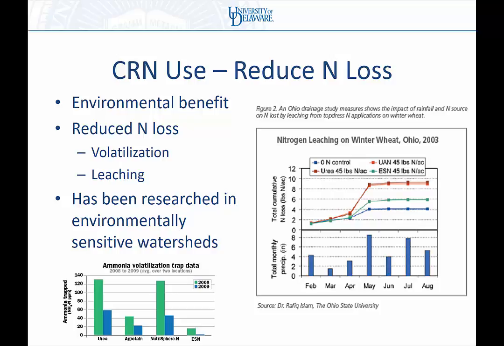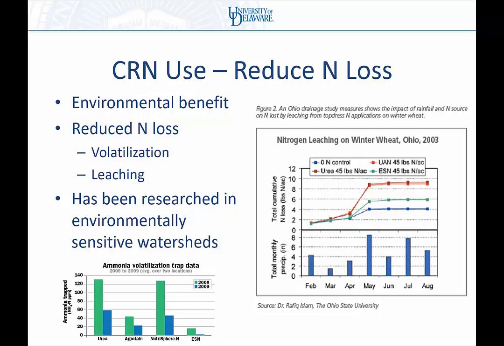So there are environmental benefits of using these. In fact, this is one of the reasons why they oftentimes are being promoted, because there often is cost share money in different programs to offset the cost of using the slow release fertilizer. So that's something for you to look into. Are there cost share programs in your particular area?